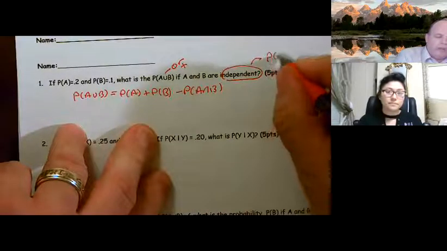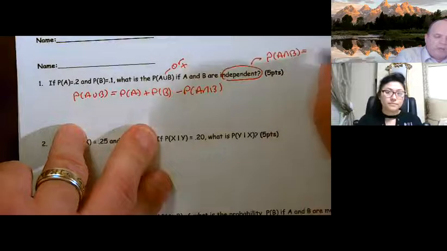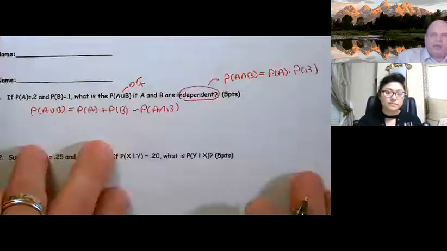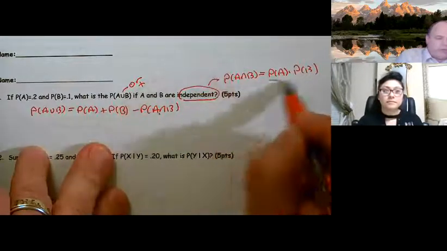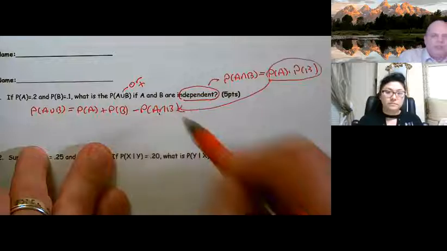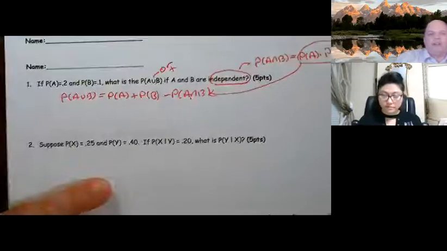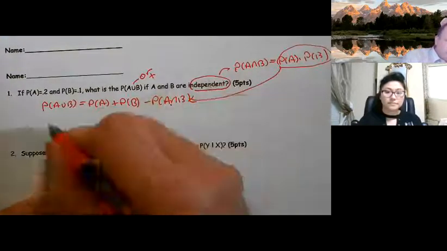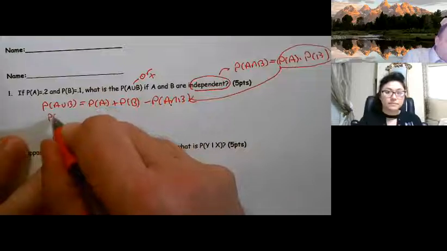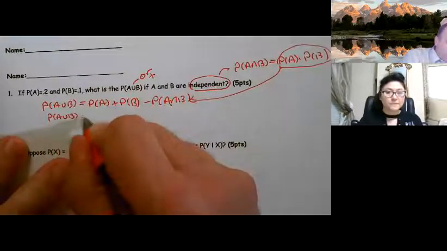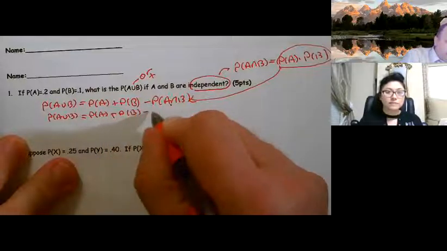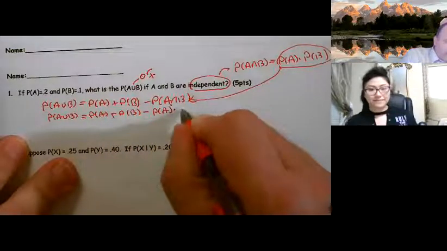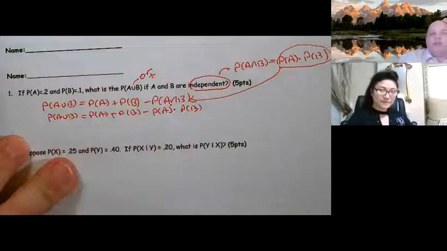That means the probability of A and B equals the probability of A times the probability of B. That's nice because that means I can substitute this right here using some really fancy algebra that I learned at some point from a teacher I will never mention again. Probability of A union B equals the probability of A plus the probability of B minus the probability of A times the probability of B, because I just substituted in.